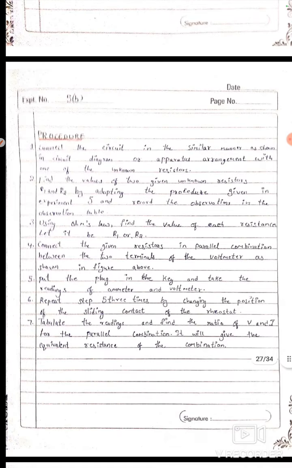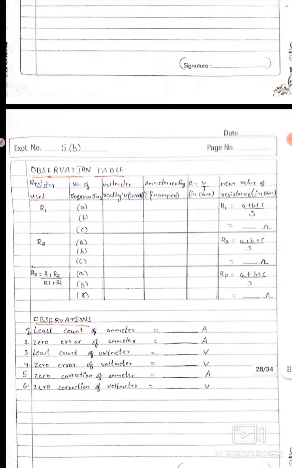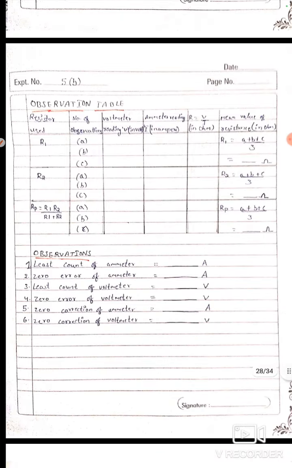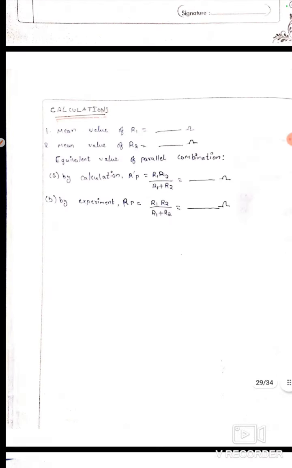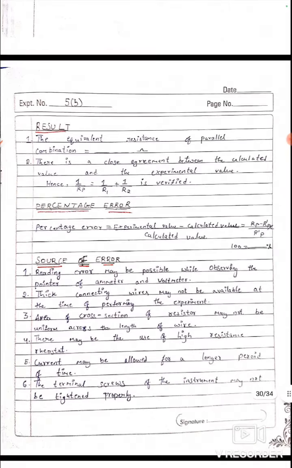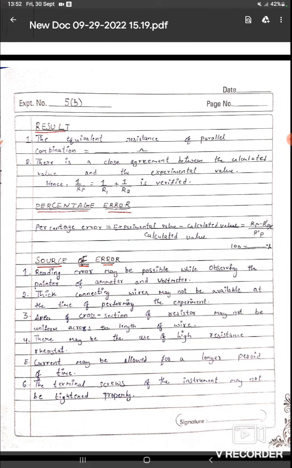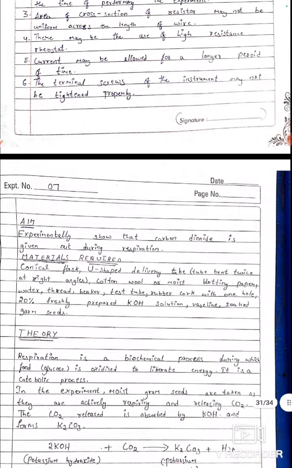Next, procedure. You keep going for this procedure, right? And the observation table again should be maintained on the white paper side. Next, calculation is fine, and same result is fine. Percentage error, like this you maintain one line gap. No, you have not maintained this one line gap. Of course, if you maintain the one line gap here, then it looks good.